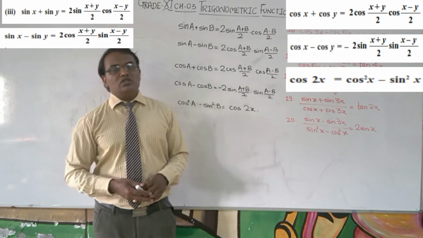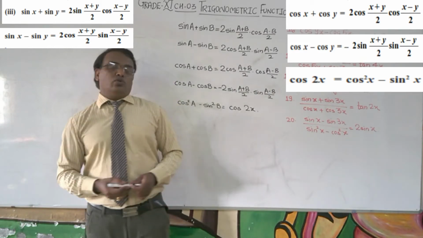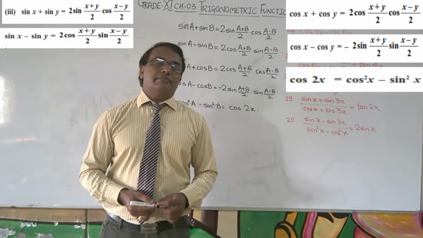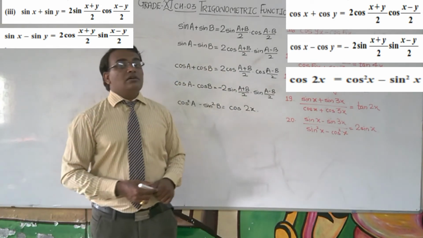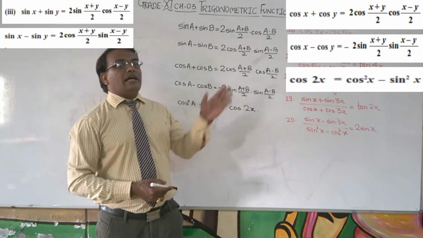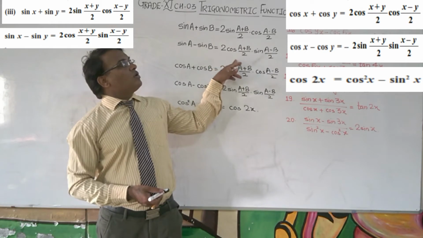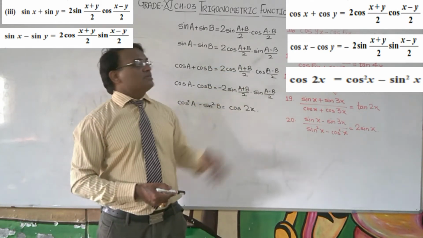Then the next one is sin A plus sin B. Then it will be 2 into sin of (A plus B) upon 2 into cos of (A minus B) upon 2. If it is sin A minus sin B, then that time it will be 2 into cos of (A plus B) upon 2 into sin of (A minus B) upon 2.